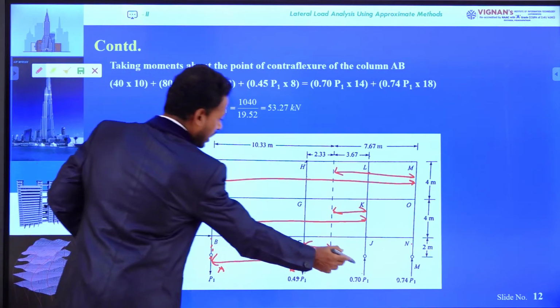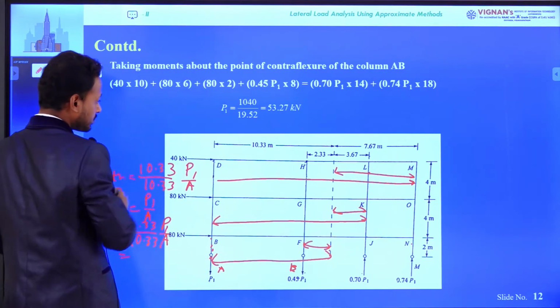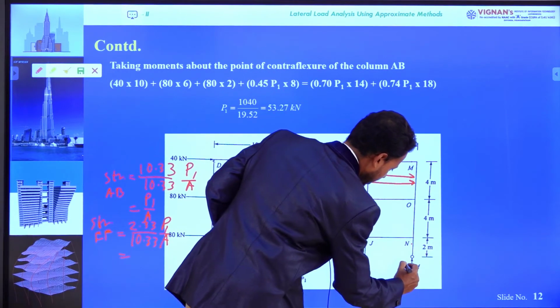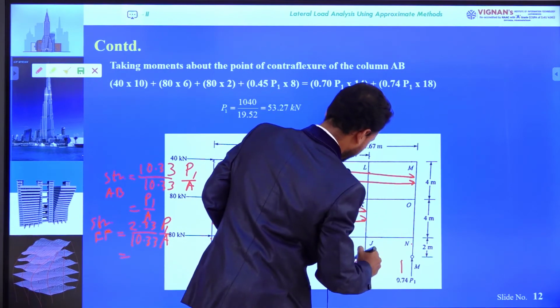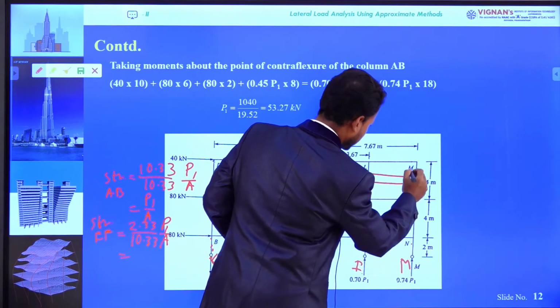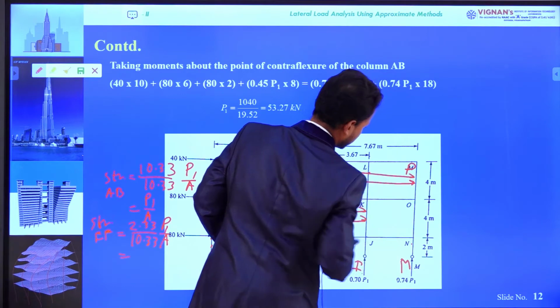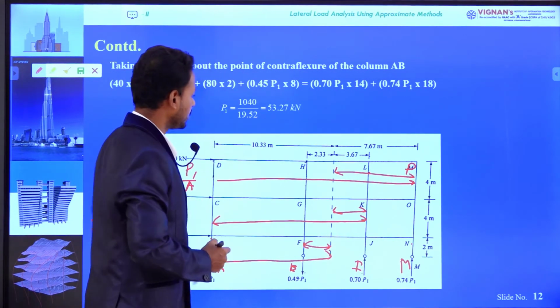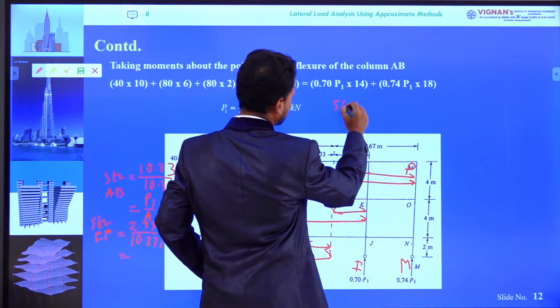In case of IJ, this is I, this is M, this is P. Okay. So stress in IJ, what will be the stress in IJ?